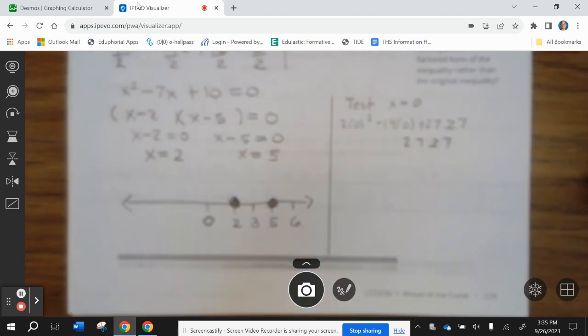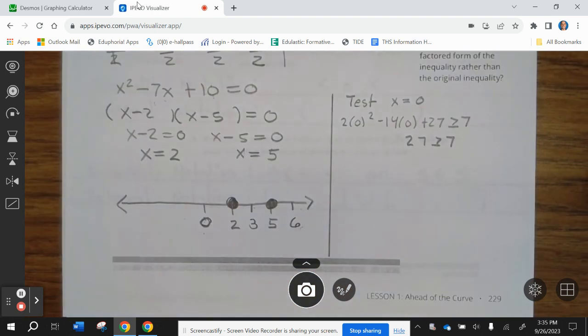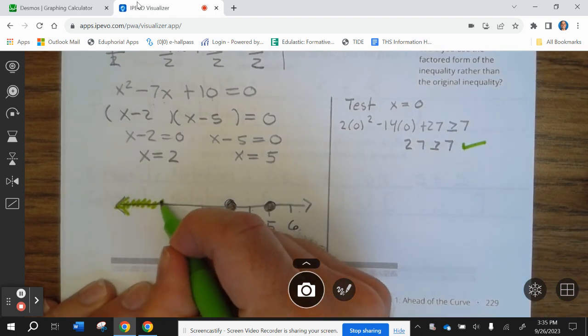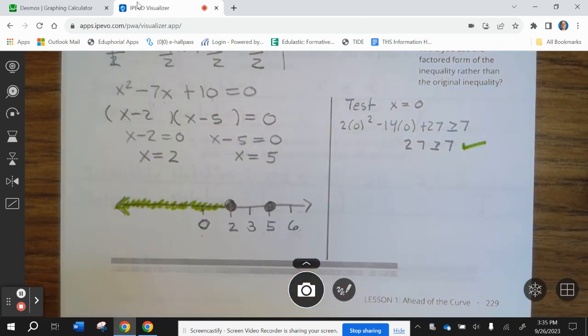Okay. Now, that is true, so we can shade all of that region right there.